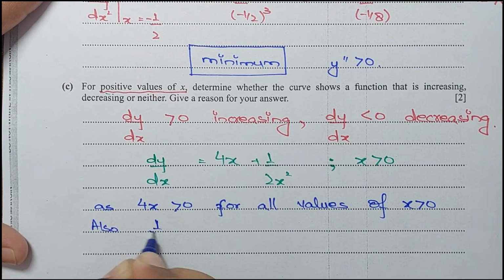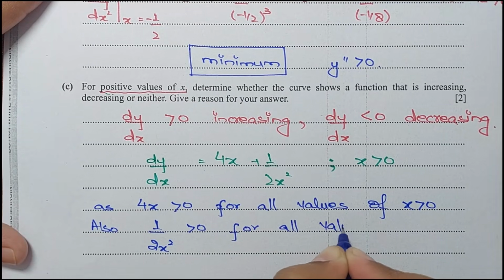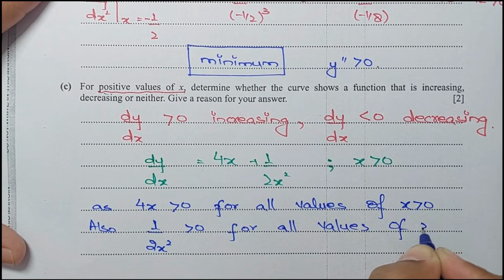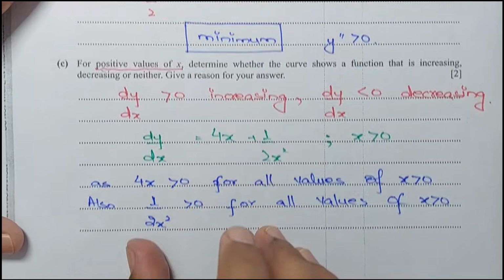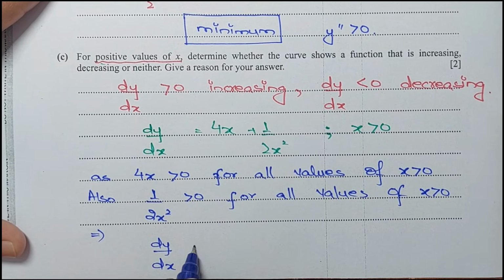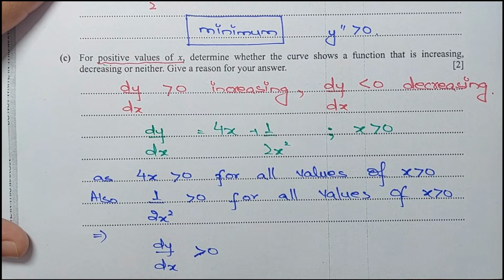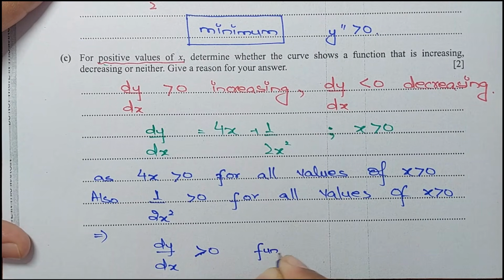Also, 1/(2x²) is a square term, so this is also positive for all values of x greater than 0, right? If this is positive and this is positive, this whole thing is positive. This implies dy/dx is greater than 0. So when the derivative is greater than 0, this implies the function is increasing. The function is increasing.